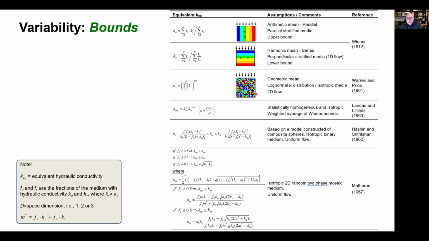Now there are other patterns and other closed-form solutions. Let me highlight another one that is particularly valuable, which is the Hashin-Shtrikman. Hashin-Shtrikman also give you upper and lower bounds, which are narrower than the series and the parallel bounds. And so they tend to be preferred.